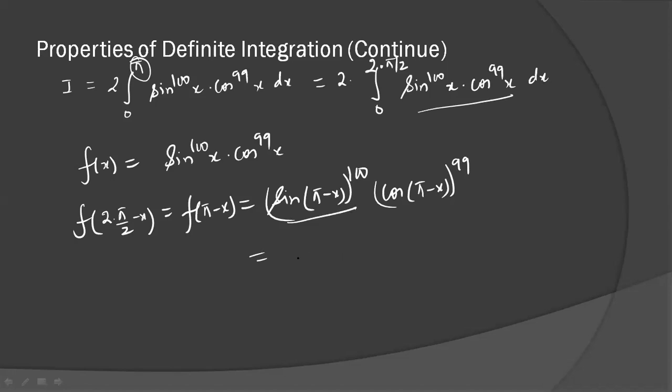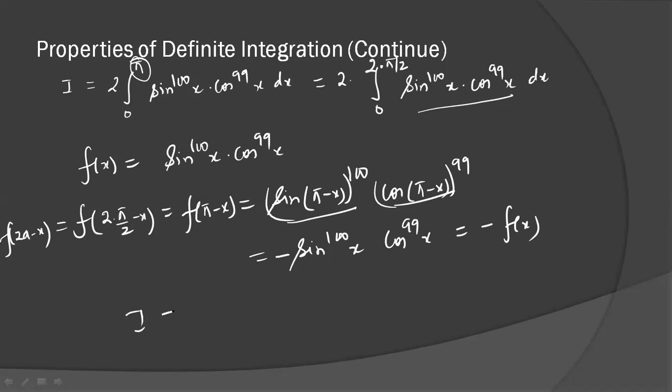Sine 180 minus theta is sine theta, so no problem, sine 100x. Cos 180 minus theta is minus cos theta, and the power is odd, so it will be minus cos to the power 99x. It is equal to minus of f(x). When f of 2a minus x is equal to minus f(x), your integration is going to be 0.